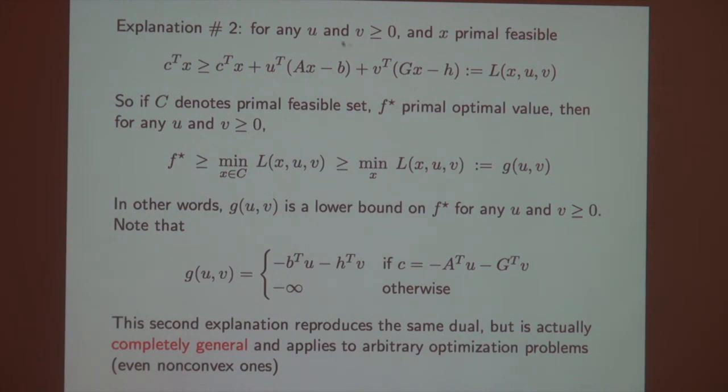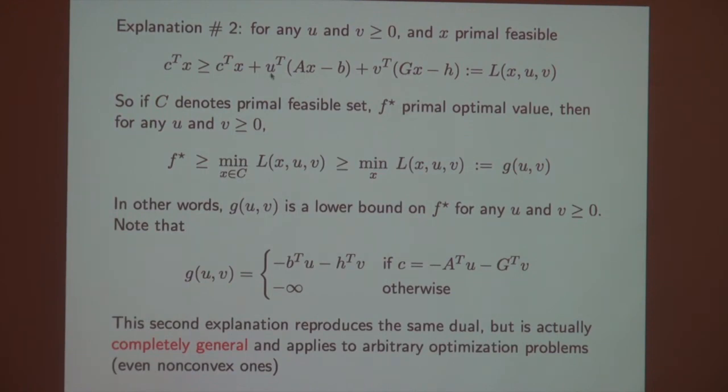We'll form dual variables u and v as before, and we'll look at all u and v that are non-negative in each component, and primal feasible x. And we'll say that the primal criterion, c transpose x, is always bigger than or equal to c transpose x plus u transpose (Ax minus b) plus v transpose (Gx minus h).